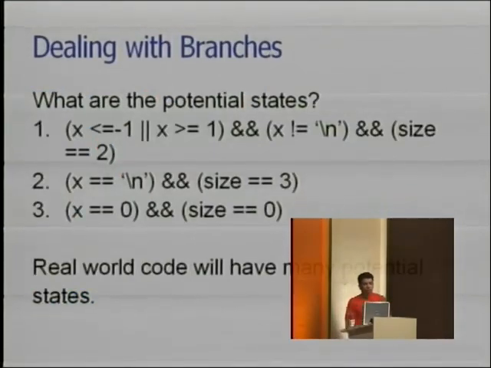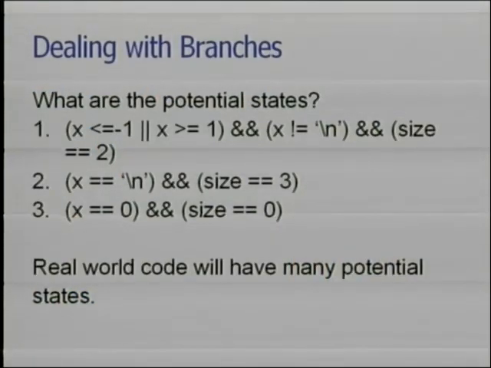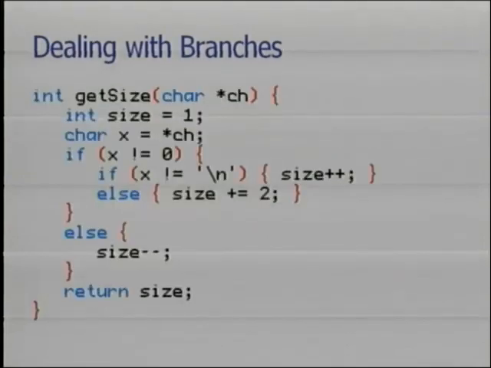So what are all the potential states? Well, the first state is that x is less than or equal to -1, or x is greater than or equal to 1, meaning that x is not 0. It's also that x is not equal to a newline, and that would make size equal to 2. That's taking the first block and then taking the else.